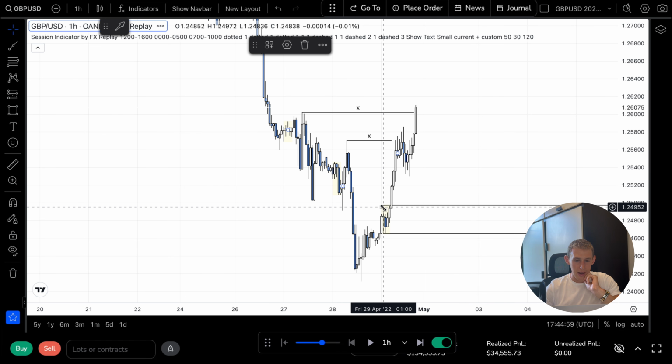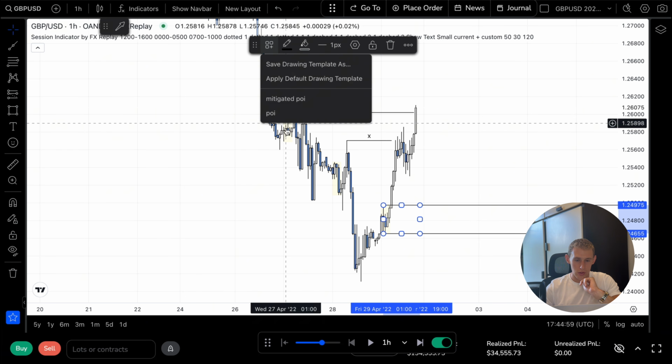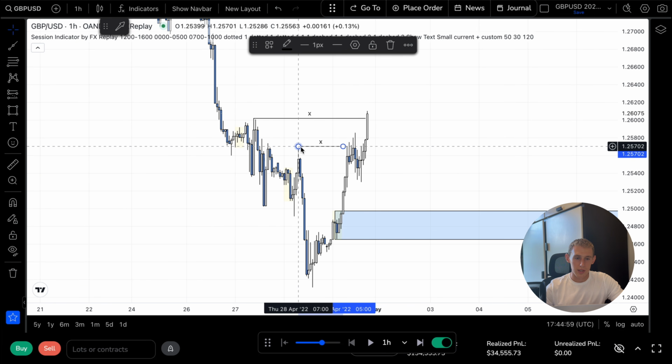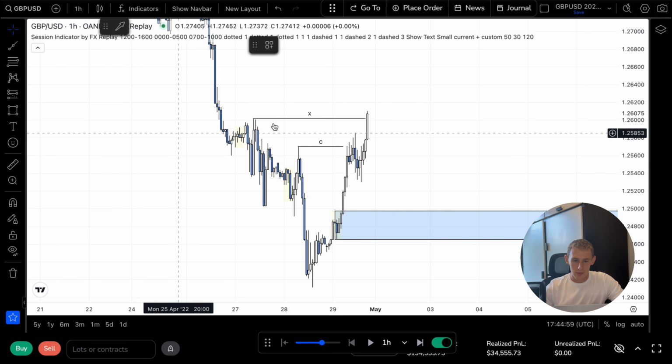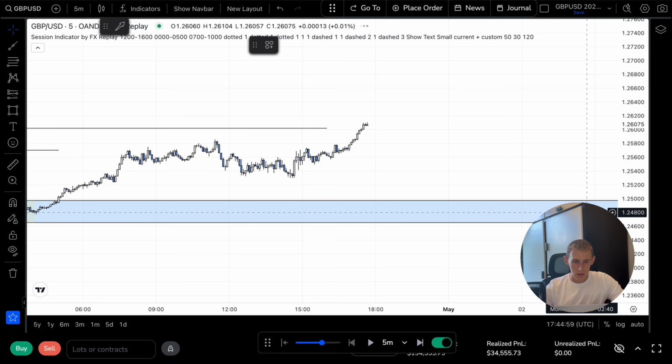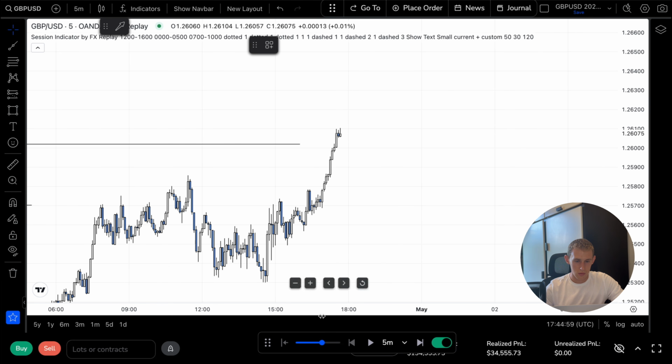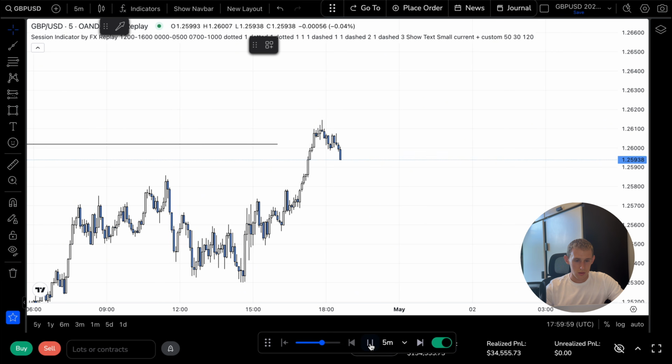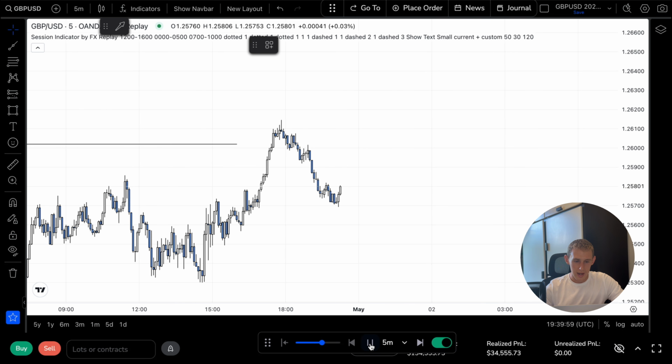Again, we still have this area of demand to consider as well for potential buys, because you could say that this was a change of character. We've now got some inducement above it as well. So let's see. No change of character there.